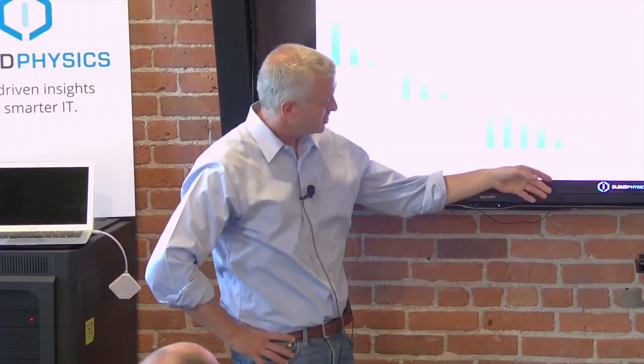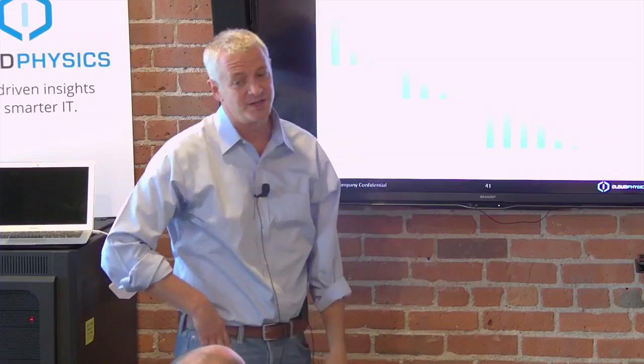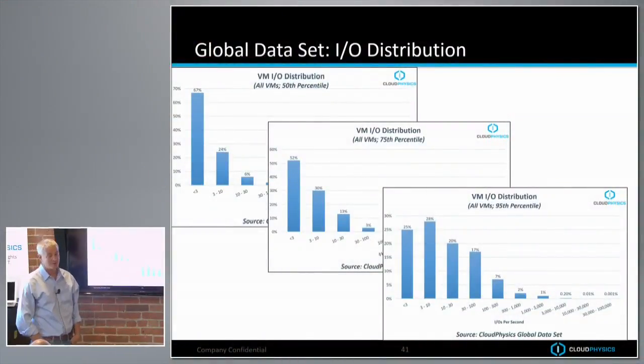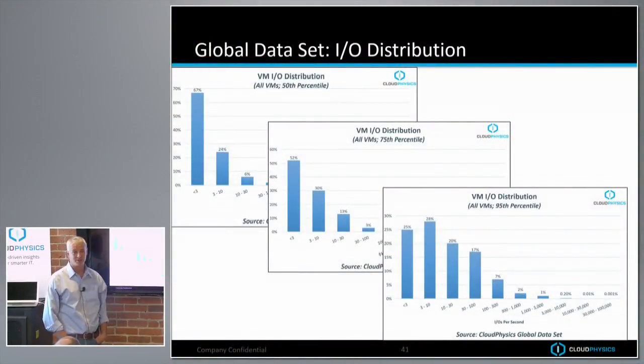So you have to look at this, and you look at the amount of IOPS being emitted, and there are certain conclusions that I draw, but I don't want to speak my mind right now. I'd like to pick your brains.